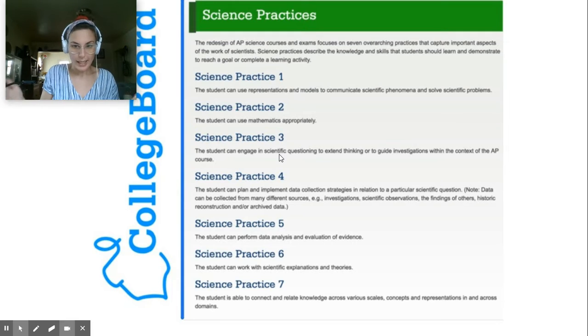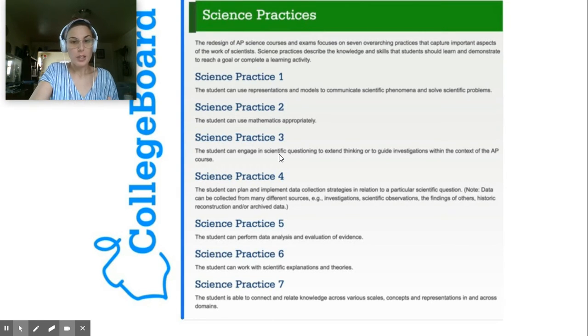And then science practice 4 is really asking us to then plan and implement an investigation around that driving question, okay? And plan it such that you're able to collect lots of data, okay? And data of all different types, quantitative data or qualitative observational data, okay?